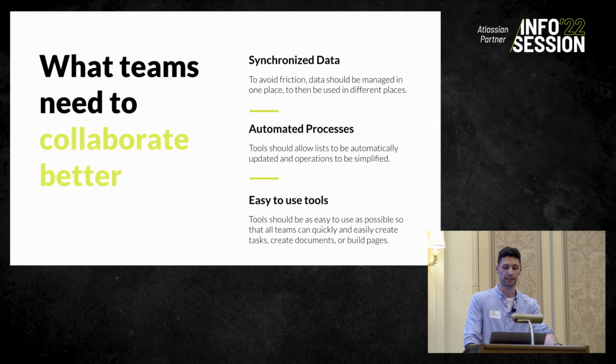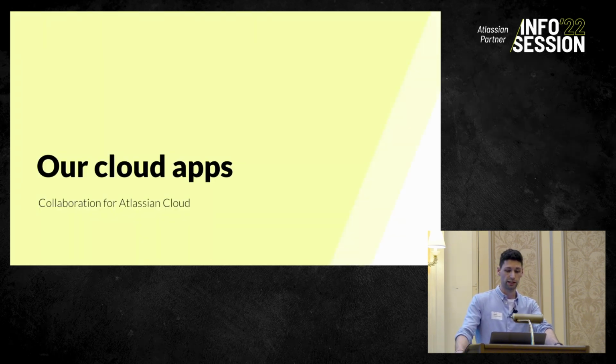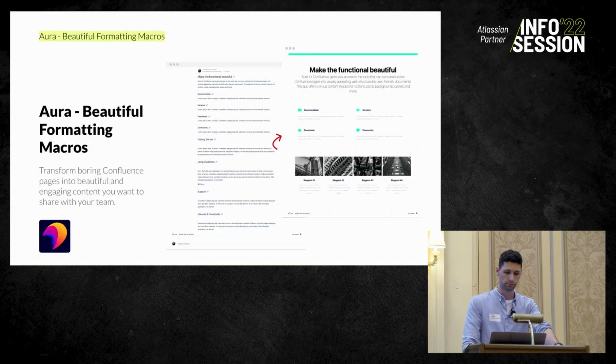We want lists and tasks to be generated automatically, and so on. And of course, our tool should be easy to use and intuitive, so teams can easily create new tasks, build Confluence pages, and document data. All that is what we try to combine in our apps for Confluence Cloud. So right now, I'm going to give you a short introduction into the different apps we've been working on, and then we can jump into the live demo.